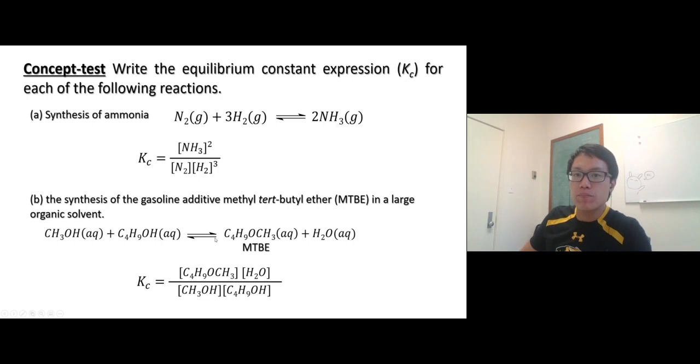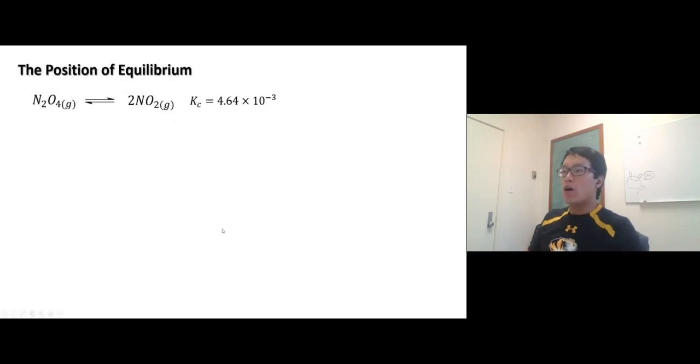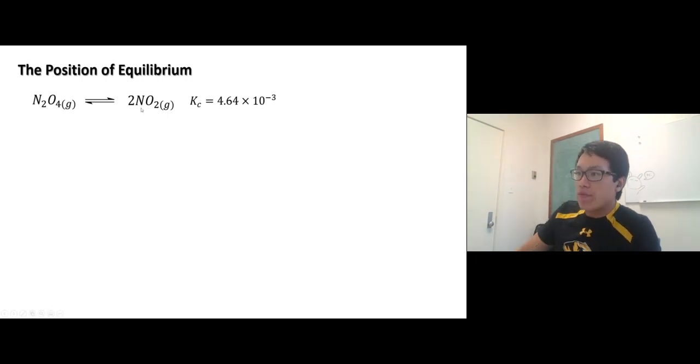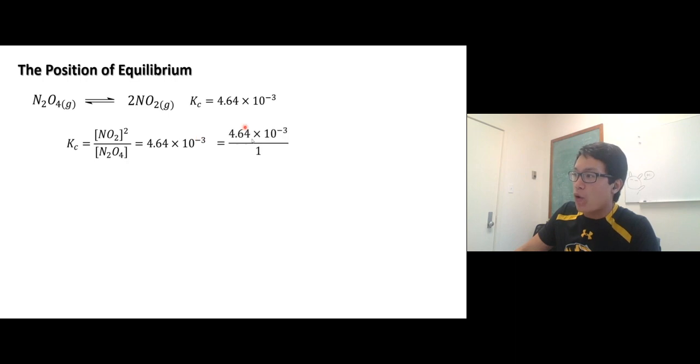All right. Now, let's focus on the quantitative side of Kc, the equilibrium constant. We can talk about the position of equilibrium, which is what chemists are interested in. If the Kc of this equilibrium, N2O4 to 2NO2, is 4.64 times 10 to the negative third, I can write it as the concentration of NO2 squared over N2O4. I can rewrite 4.64 times 10 to the negative third as that number over 1.